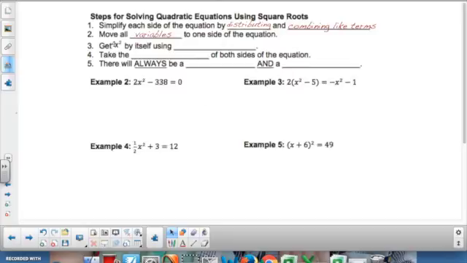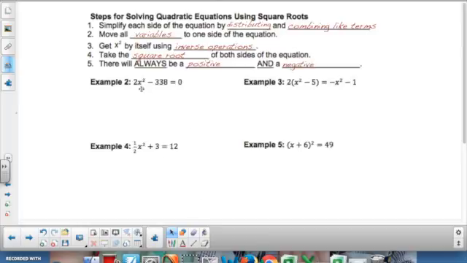In this case, you're isolating that x squared using inverse operations. And then you have to take the step of taking the square root of both sides of the equation. Please remember that there will always be 2 roots. There will be a positive and a negative answer to each of these.